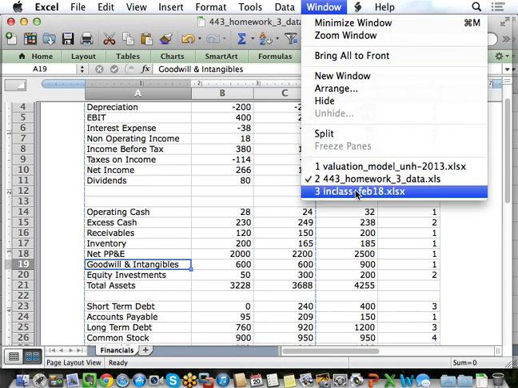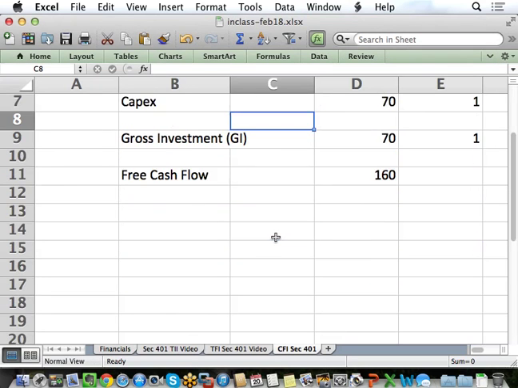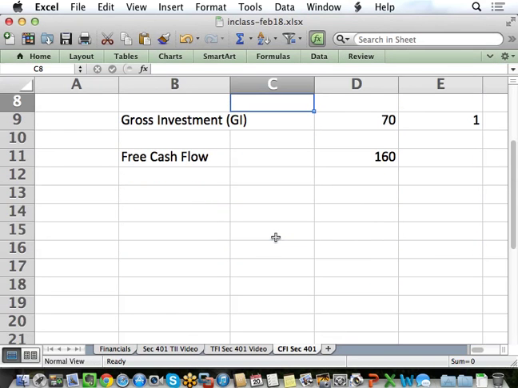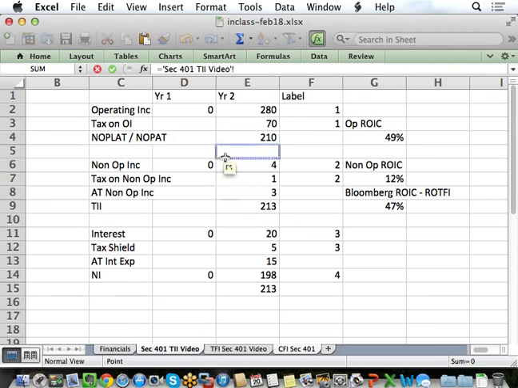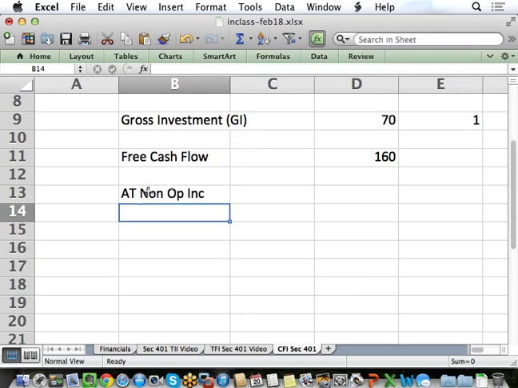All right, so now we want to take from our operating, we want to now add in our twos, our non-operating investments. We start with the income statement. Did we generate any cash from the income statement? So off the income statement, TII, I see that I had after-tax non-operating income.